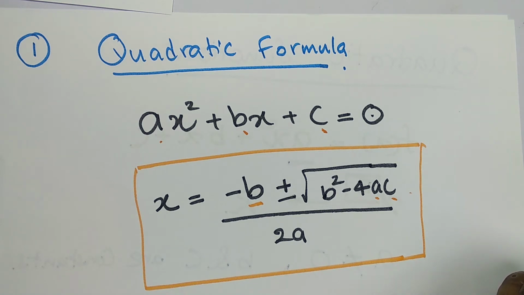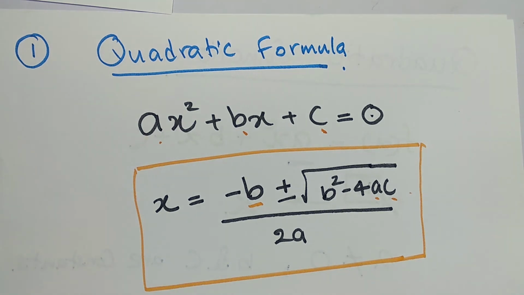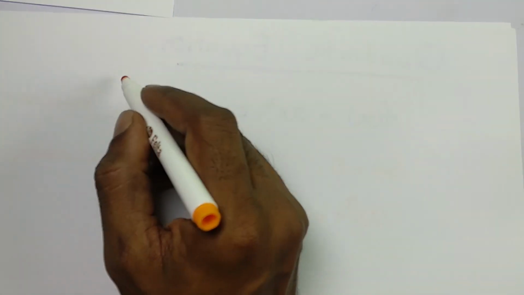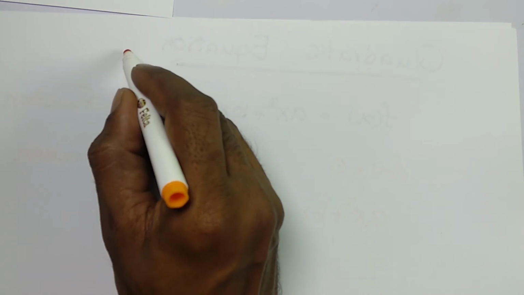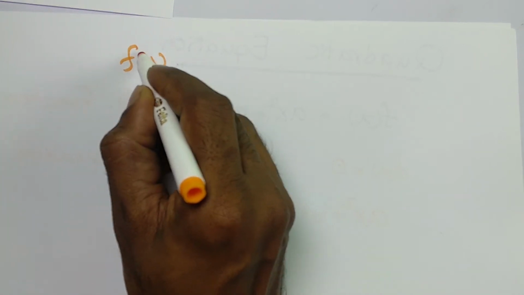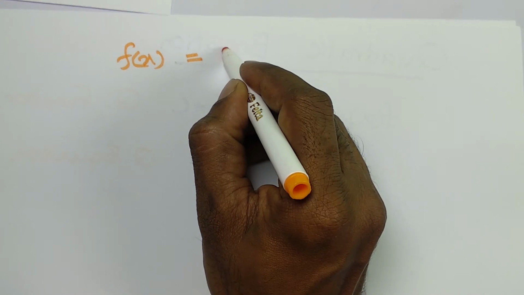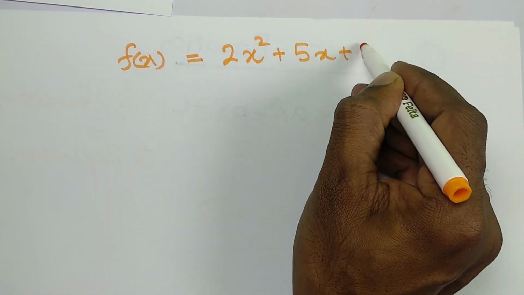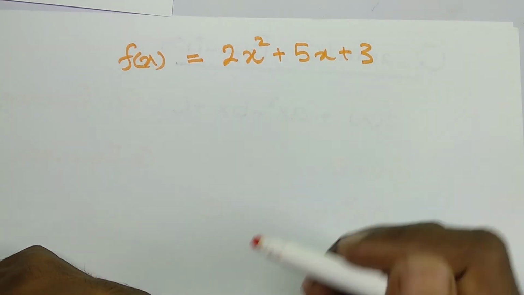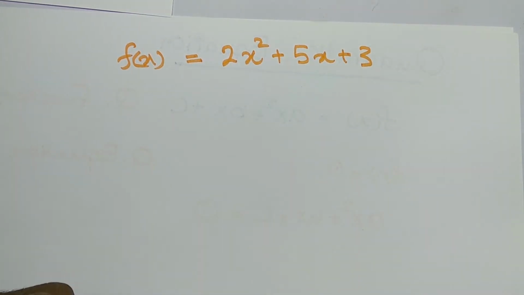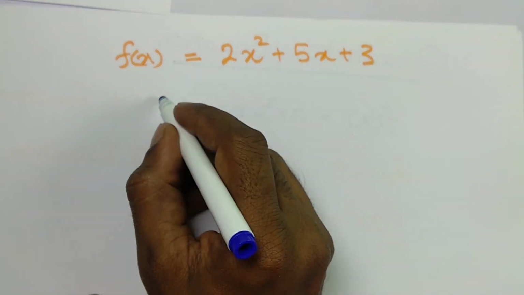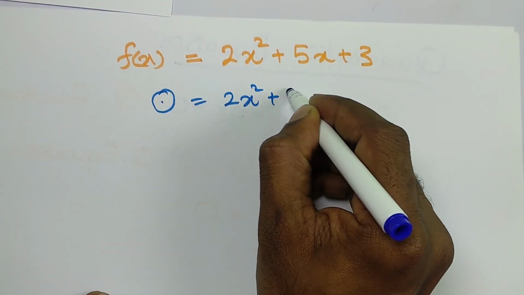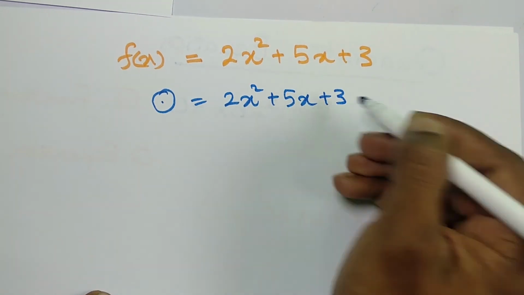Let's take a simple example. There is a quadratic function, let's say 2x squared plus 5x plus 3, and this can be written as a quadratic equation as 0 equals 2x squared plus 5x plus 3.